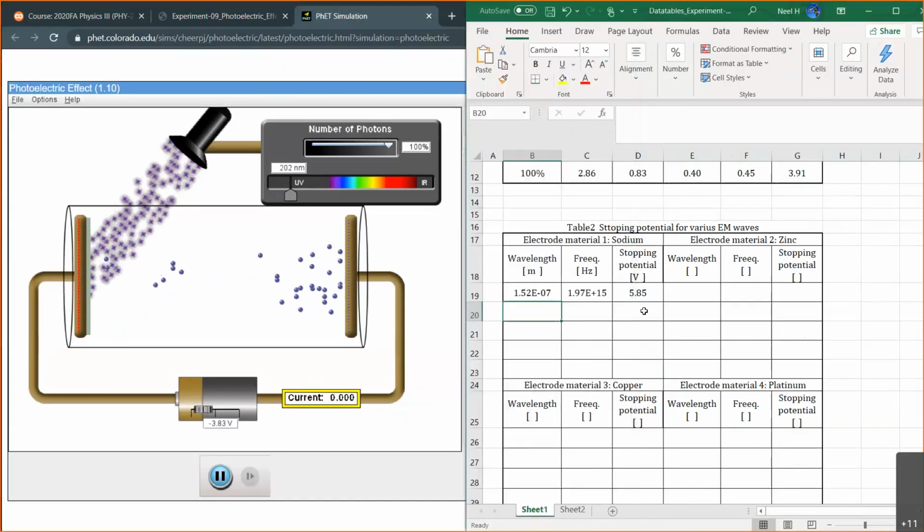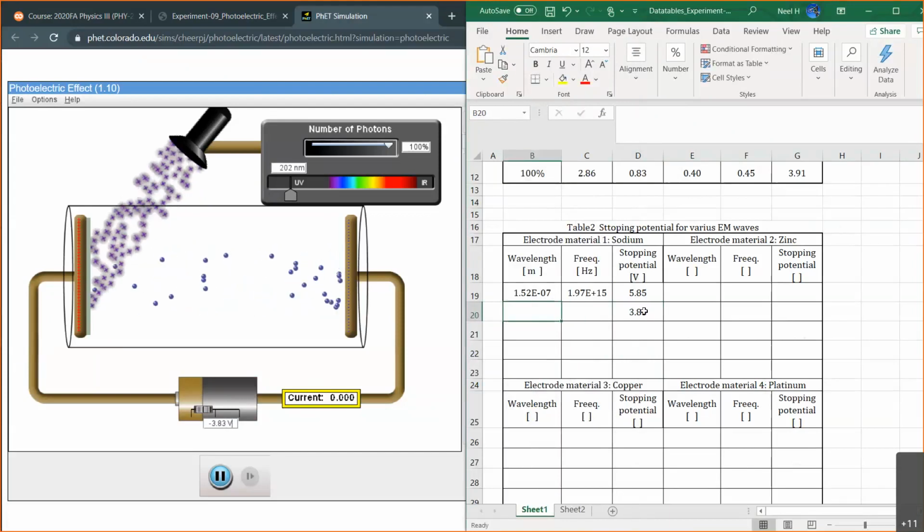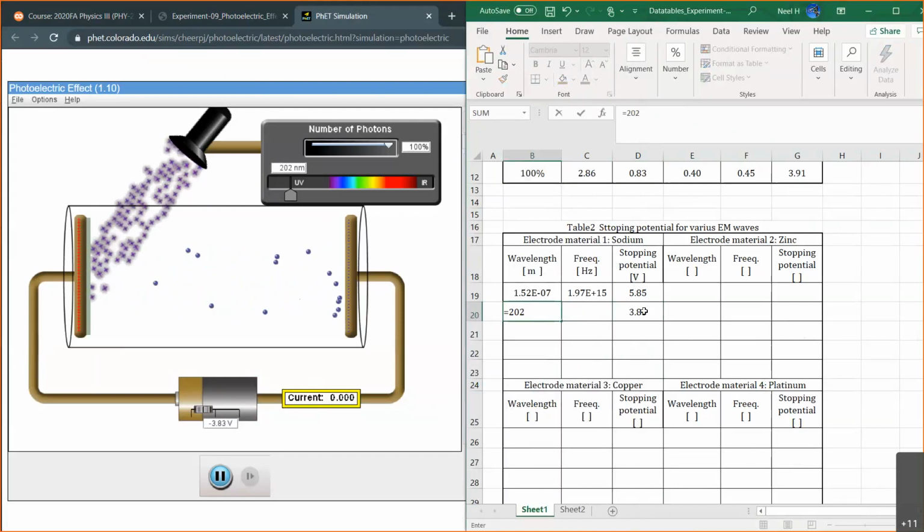So that means it's going to be 3.83. And then the wavelength I'm doing is 202, which means equals 202 multiplied by 10 to the power -9.